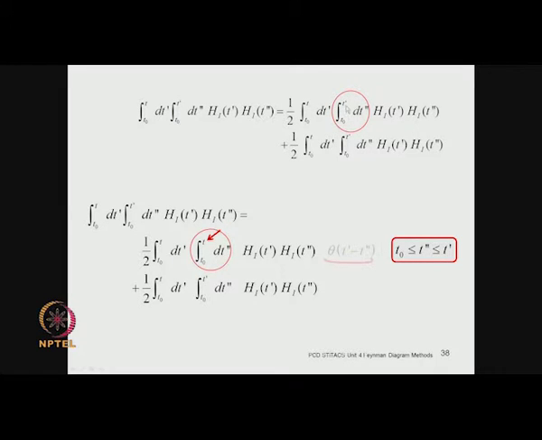So, I extend this limit t prime to t, but I have to respect the fact that t double prime must always be less than or equal to t prime, because that is the integration constraint which is coming from these limits. So, I have a Heaviside step function over here. So, let me make it manifest here, and this Heaviside step function will take care of this and allow me to extend the integration, the top limit of the integration from t prime to t. So, now we have got the first term which is strictly correct.